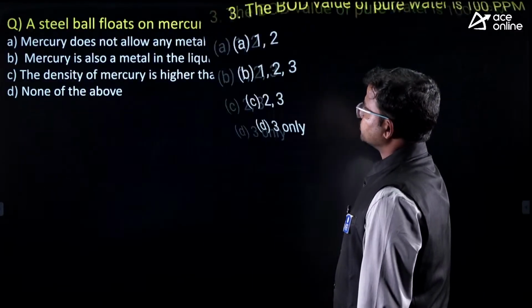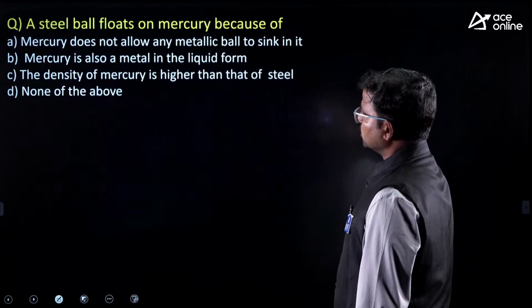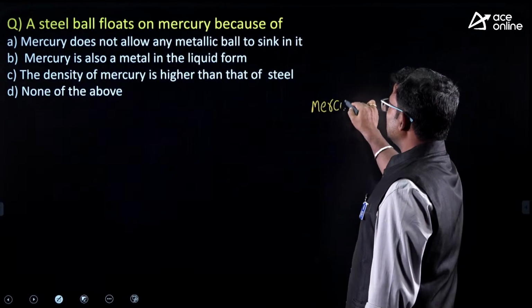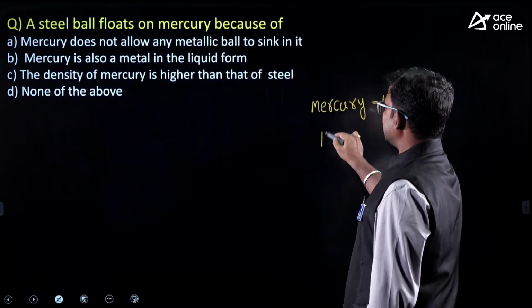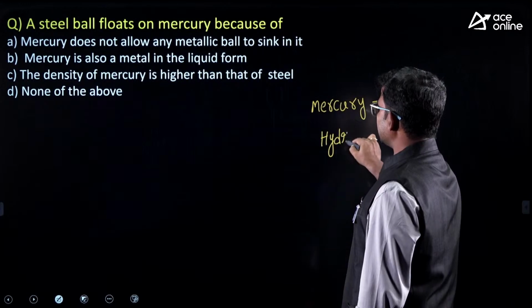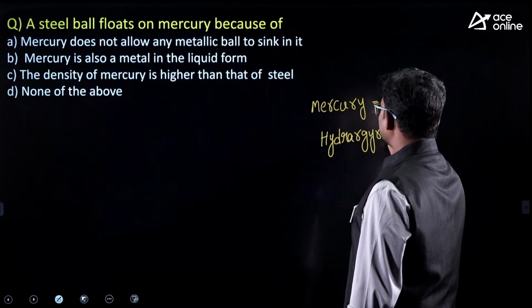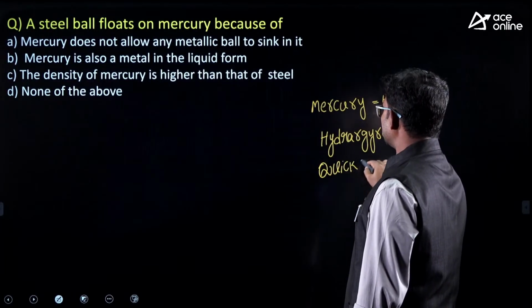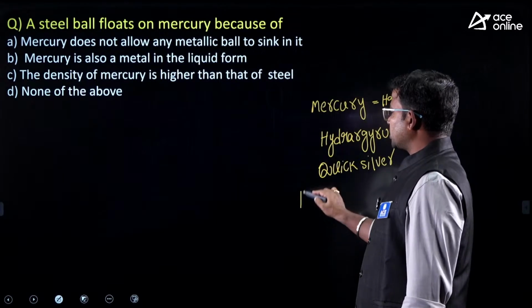Okay, let's take the next one. A steel ball floats on mercury because... Mercury is indicated with Hg, from hydrargyrum, which is its Latin name. It is also called quicksilver. Actually, mercury is a metal.